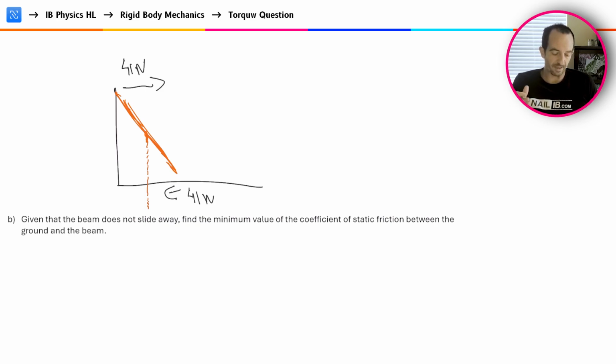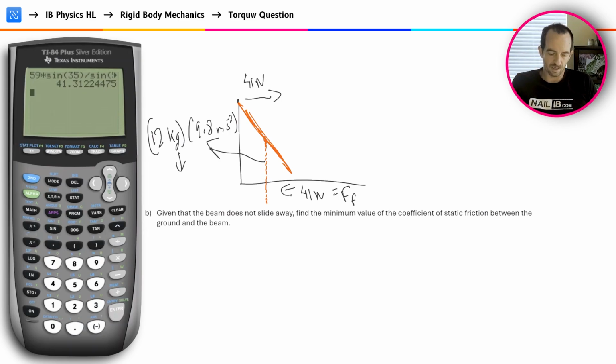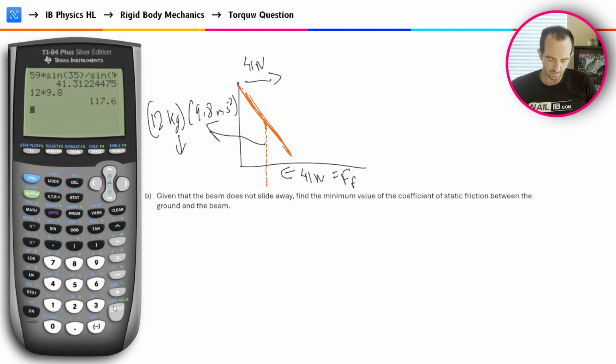in order to make sure that the forces are canceling out. And how do I ensure that the force of friction is sufficient? From the previous part, 12 kilograms times 9.8 meters per second squared gave the weight of the ladder: 12 times 9.8 is 117.6.